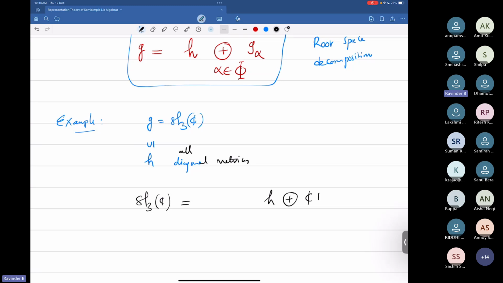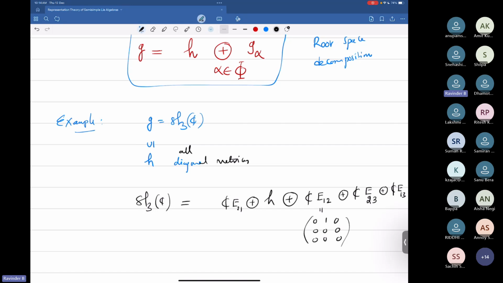For the upper triangular matrices, I'm taking a basis, which is E12, the first row, second column, with the notation 0, 1, 0, 0, 0, 0, and then E13 and E23. Then there are some lower triangular matrices. My goal now is to show that this usual vector space decomposition is, in fact, the root space decomposition.